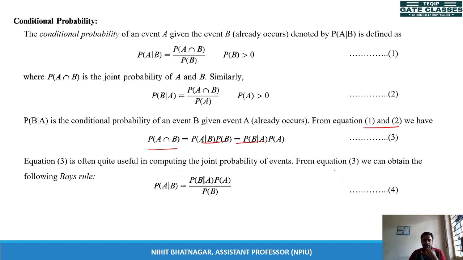Now the next term is Bayes rule. The conditional probability of event A given that B has already occurred is equal to this form: P(A given B) equals the conditional probability of event B if A has already occurred, times the probability of event A, divided by the probability of event B. This comes from equation 3.